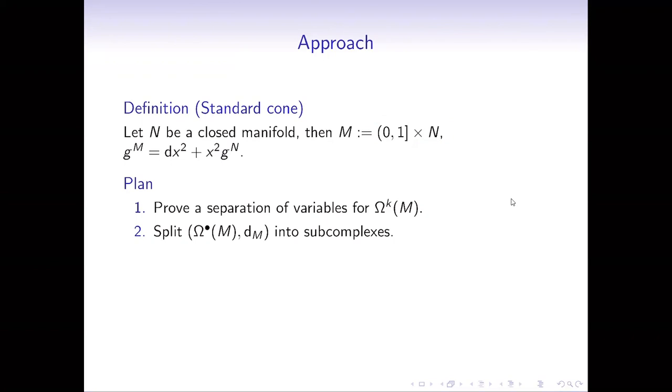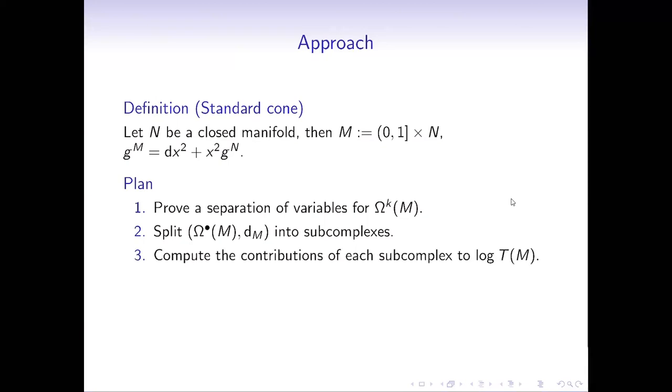It also gets a little bit messy at times, so I haven't included the full computations in this talk. But basically the idea of chopping this into subcomplexes is that you compute the contribution of each subcomplex to the zeta function, and then you sum over all these subcomplexes.